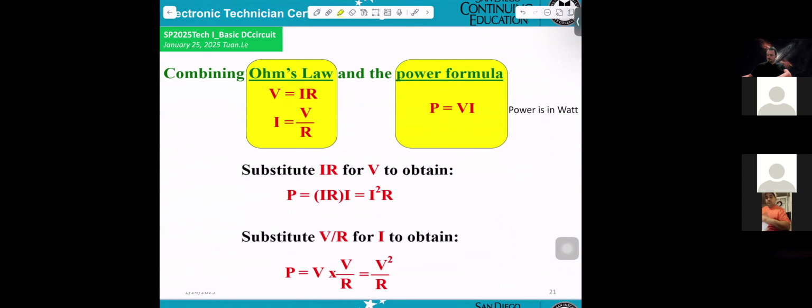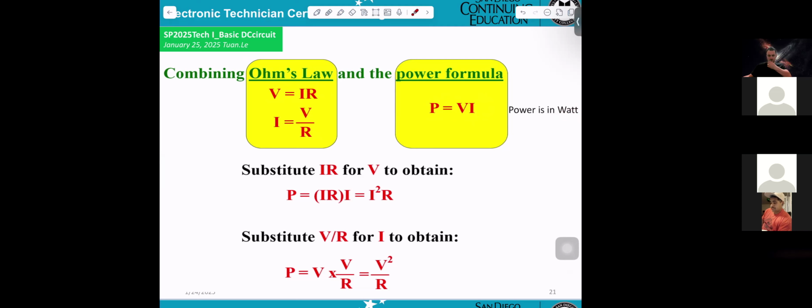Combine Ohm's law and the power formula. You know Ohm's law: V equals I times R, I equals V divided by R. And now they want to calculate the power. The power P equals V times I, and the power is in watts.